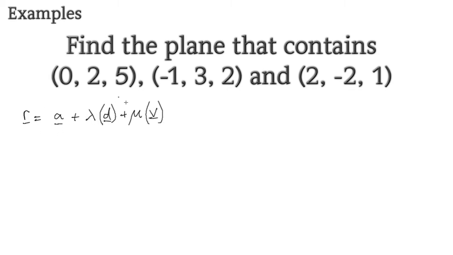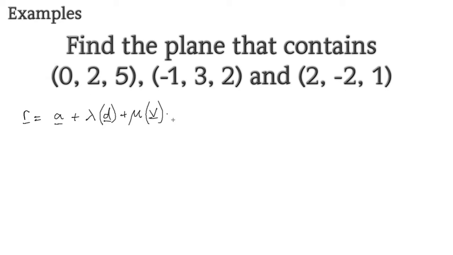So this is essentially, if you move from the origin 0 to A, you get vector A. Then if A is on the plane, you can glide on the plane, and so the direction D and the direction V must be two directional vectors on the plane surface.